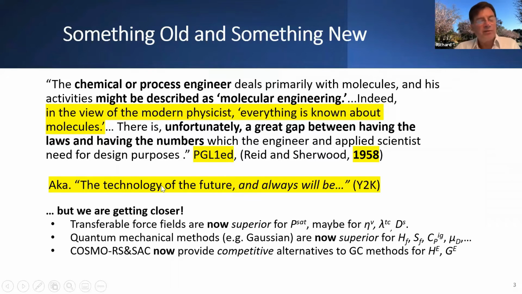A couple of weeks ago, Carlos Vega made a presentation when he said, well, physicists think that everything is already well known, there's nothing new, and so they're moving on and they're doing things with quantum-based superconductors or those kinds of things. And that's a nice thought, but what we know is that for engineers, it doesn't always work out that way, that we can just plug in the Schrodinger equation and get the properties that we need.